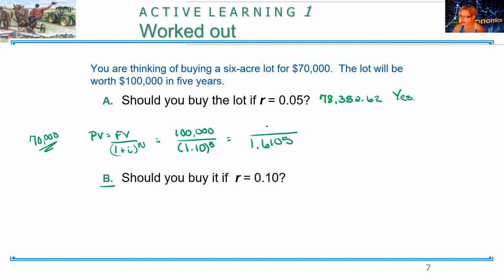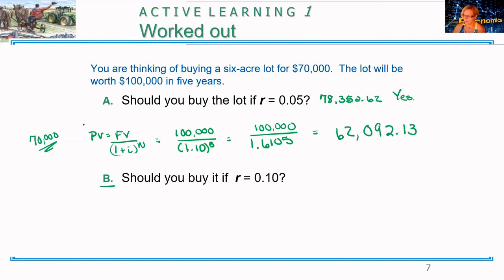And I'm going to divide 100,000 by that factor. And I end up with the present value is equal to 62,092.13.